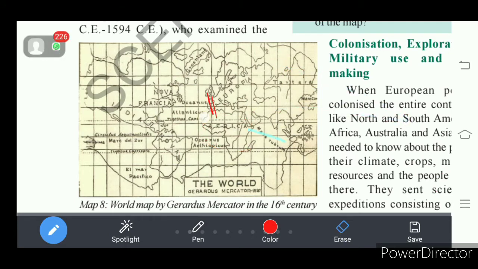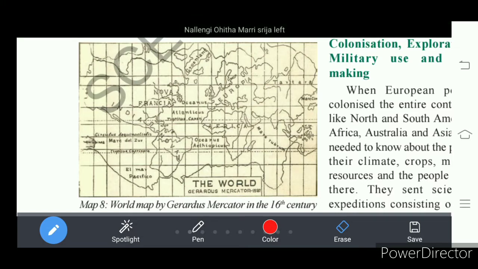Who prepared this projection method? Gerardus Mercator prepared it. So it is called the Mercator method. Understand? In which we find distortion.